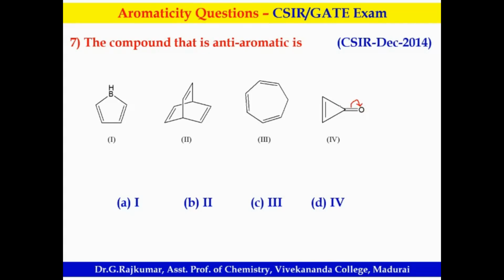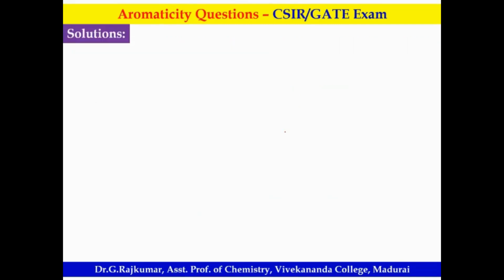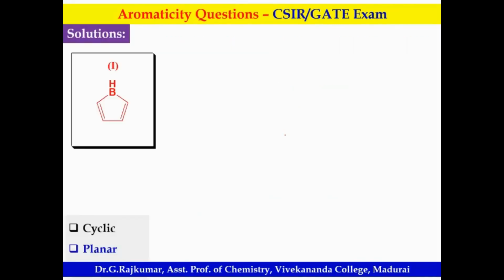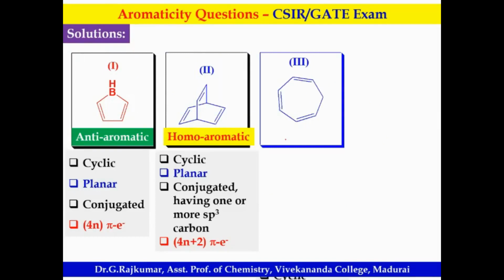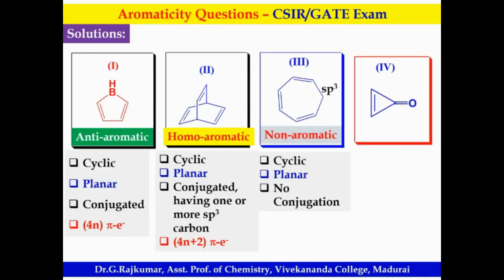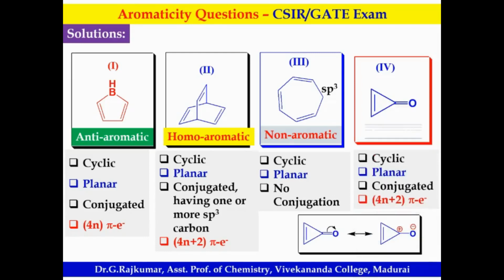This becomes negative, this becomes positive. Cyclopropenyl cation is aromatic. Yes, sir. A. Yes, A is the correct one. Look here, there is sp3, so it becomes non-aromatic. Okay. This is the explanation. So answer A is the correct one.